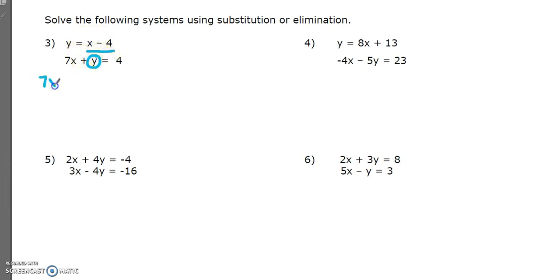So I will have 7x plus x minus 4 equals 4. Now we can finish this by hand, or we can do nSolve on the calculator. I'm just going to go ahead and do it by hand. 7x plus x would be an 8x. And then I will need to add 4 to both sides of the equal sign.